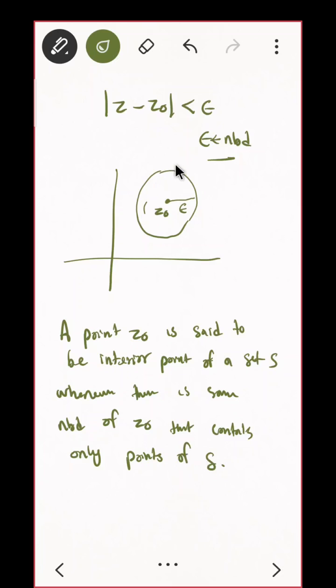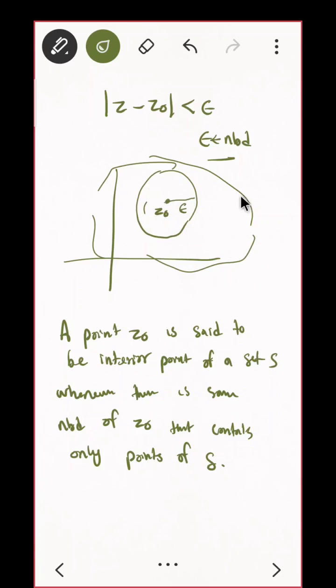Suppose this is your region S, correct? And you want to say Z0 is an interior point, so what should you do? You should be able to find an open ball around this such that all the points inside the open ball should be of the set S, correct?